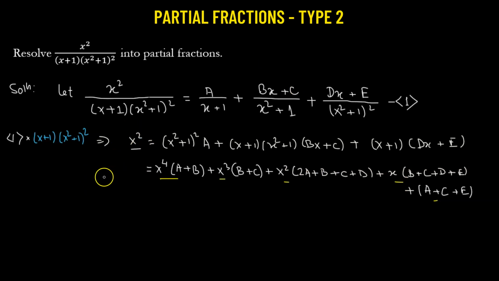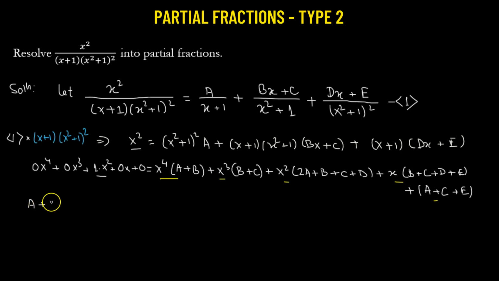However, we can convert it into one having 5 terms by writing it as 0 times x raised to the power of 4 plus 0 times x cubed plus 1 multiplied by x squared plus 0 times x plus 0. So we have rewritten x squared in terms of 5 terms, where except x squared, all other terms are 0. This is done so that when we equate both sides, we get a few equations.